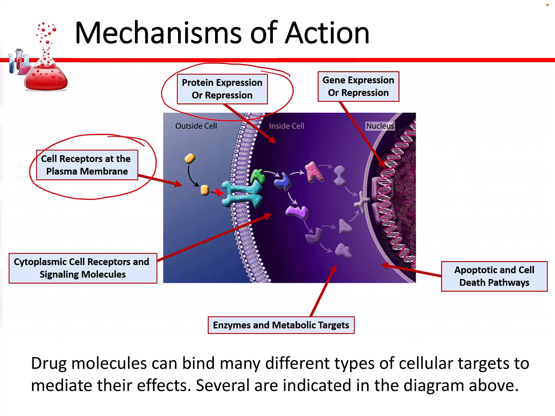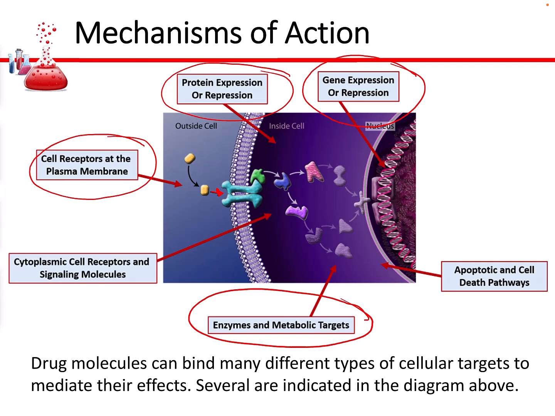They could just bind to the protein and cause it to become more active, or cause it to become less active. They could also bind directly to the DNA in the nucleus, and they can cause gene expression or cause gene repression, where they block the expression of specific genes and then therefore block or reduce protein levels.